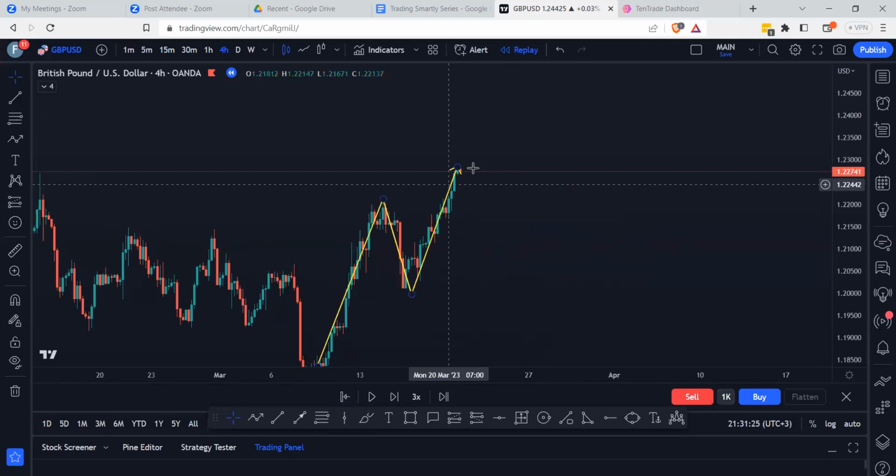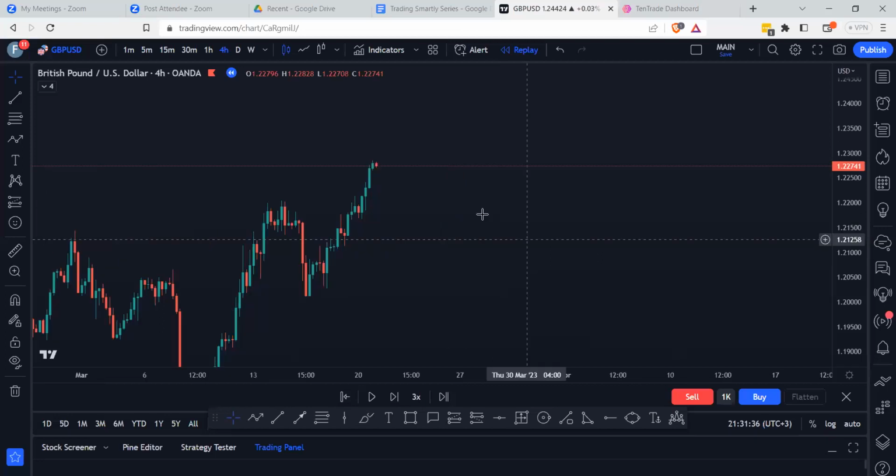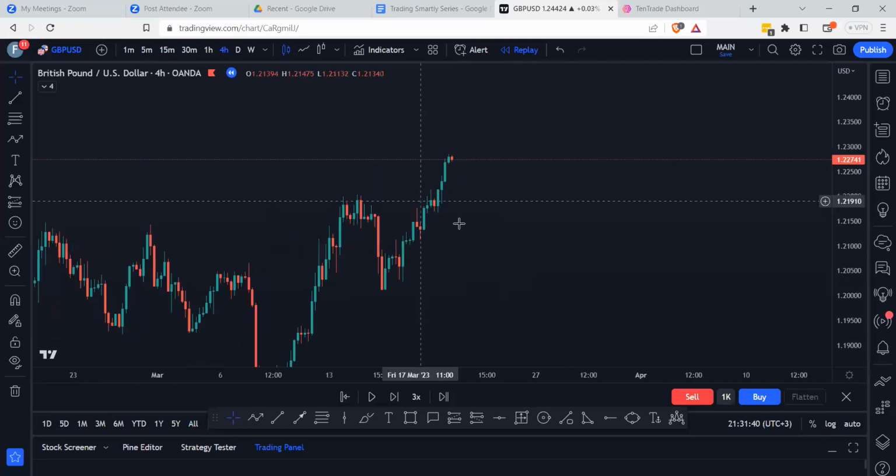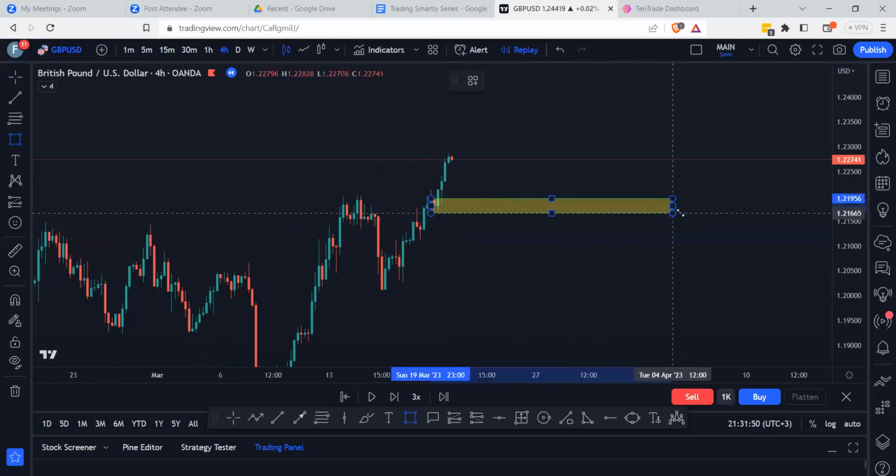We are looking for support areas you can buy from. All right. So the next thing you'll be doing is to identify areas of support. So over here, I can see that this is a support zone. Okay. This is a support zone.